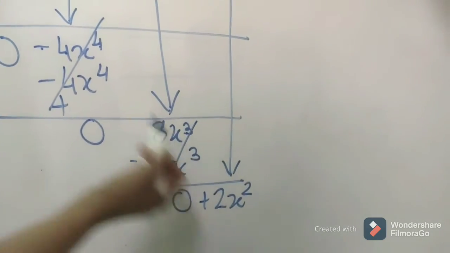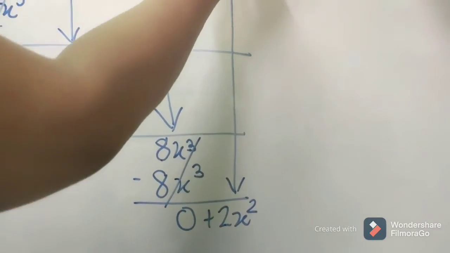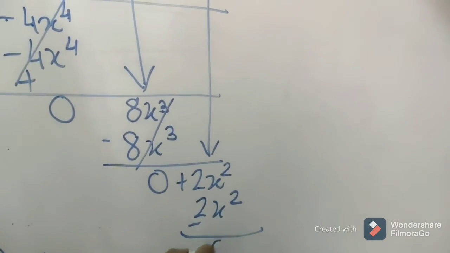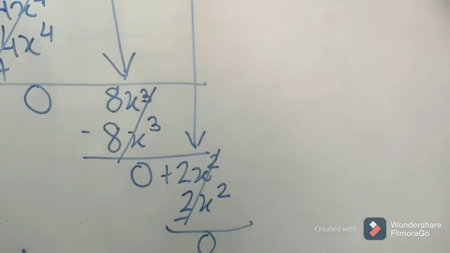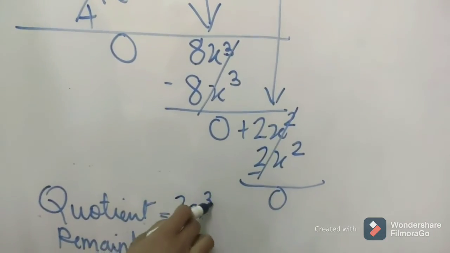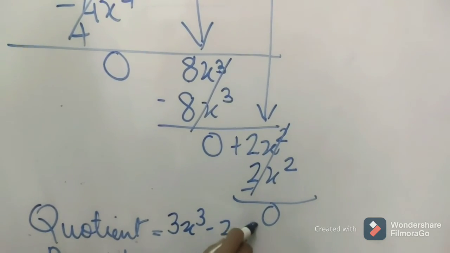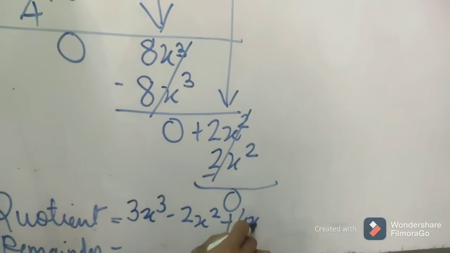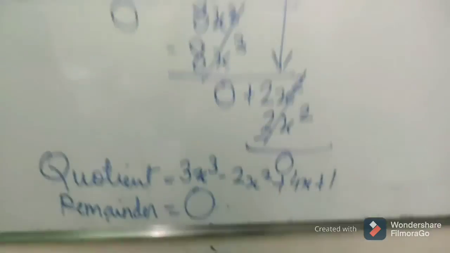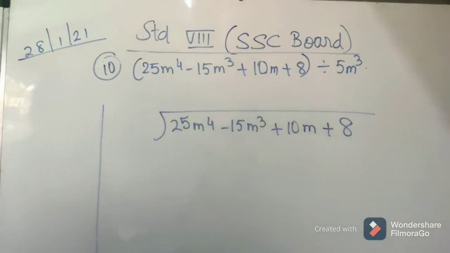Now 2x square is the same as the divisor, so I just write here plus 1. So 2x square, change the sign, it becomes 0, the entire thing gets cancelled. So my quotient is 3x cube minus 2x square plus 4x plus 1 and the remainder is 0.